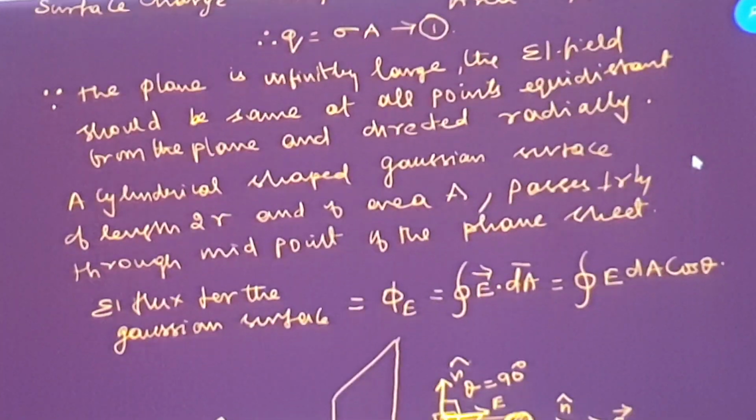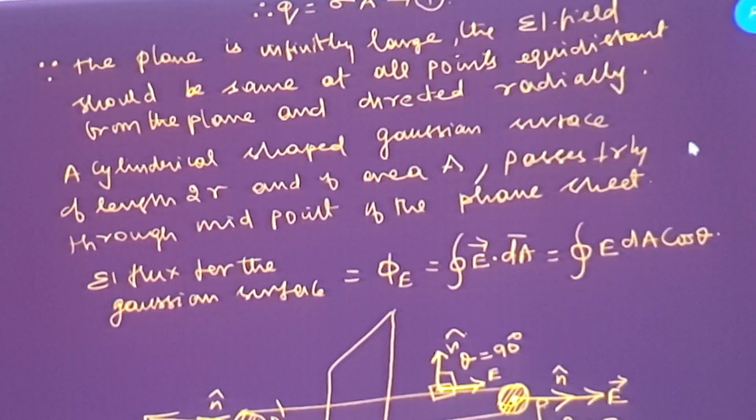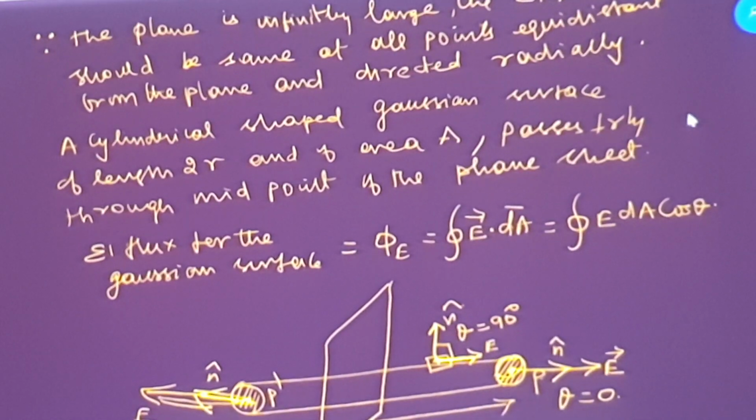Now, in order to calculate the electrical field by applying Gauss law, first of all we have to consider a Gaussian surface. So here the Gaussian surface that I have considered is also in the form of a cylinder taken horizontally, enclosing the 2 points where we are calculating the electrical field.